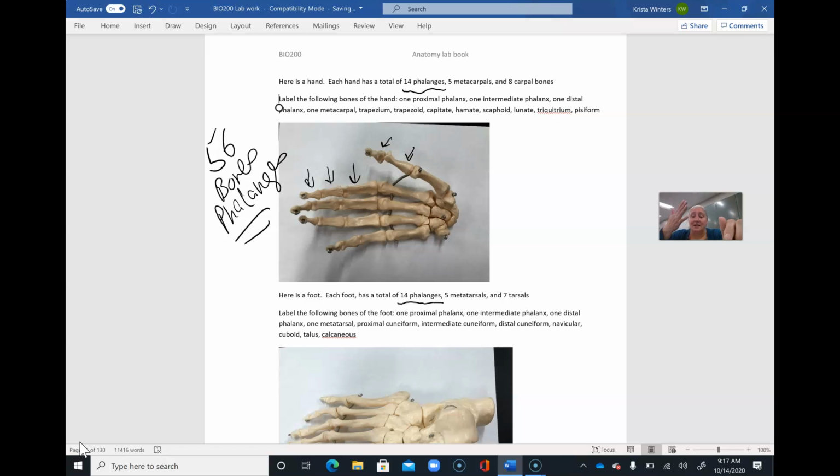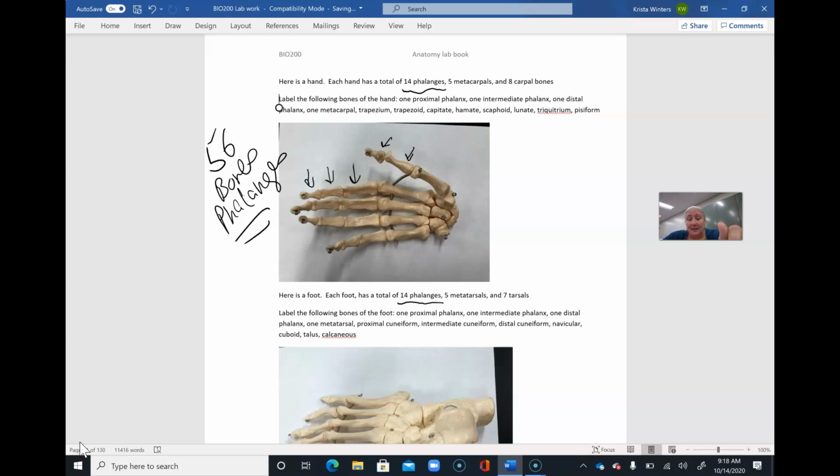So when you look at the hands, on our digits we have 3 phalanges. On our thumb, we have 2 phalanges. So all of these are phalanges. These ones that are closer to the palm are known as proximal phalanges. These are intermediate phalanges, and these are distal phalanges. I care only about phalanges, okay?